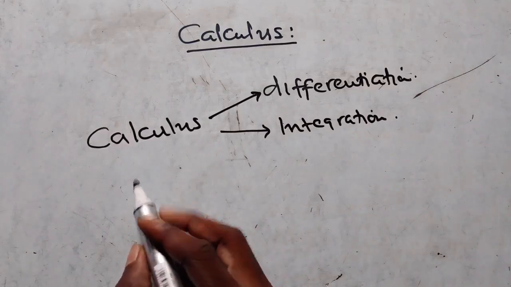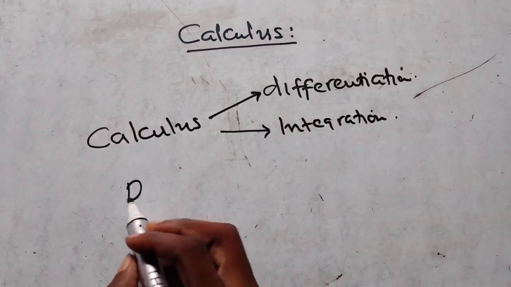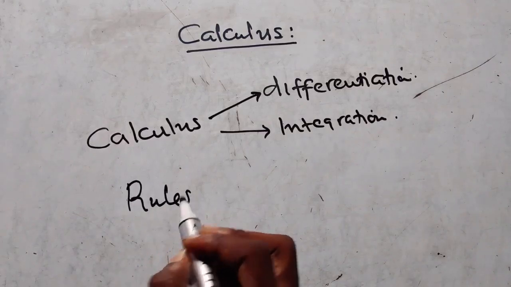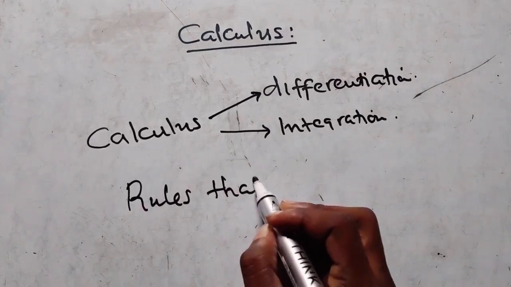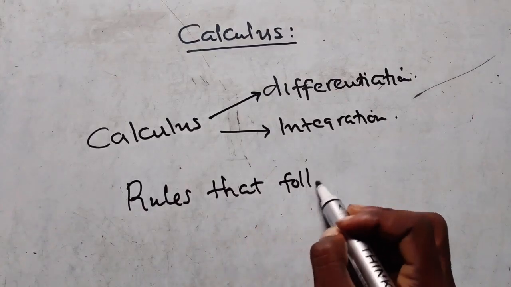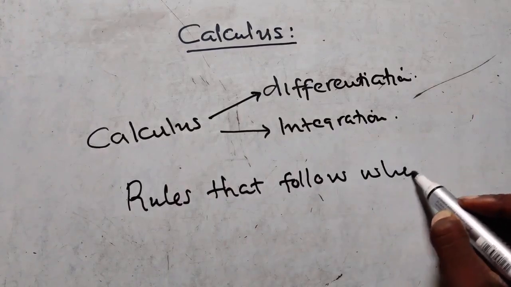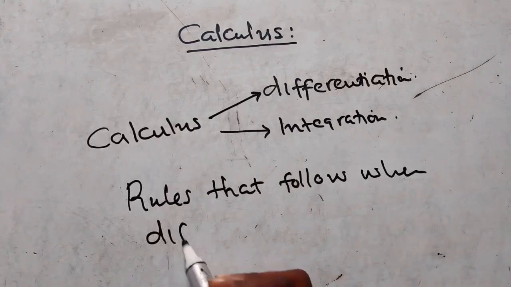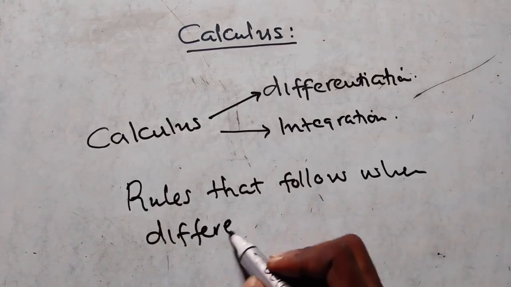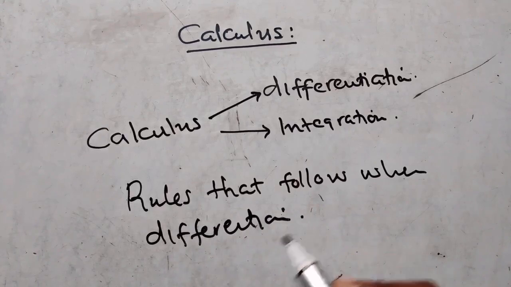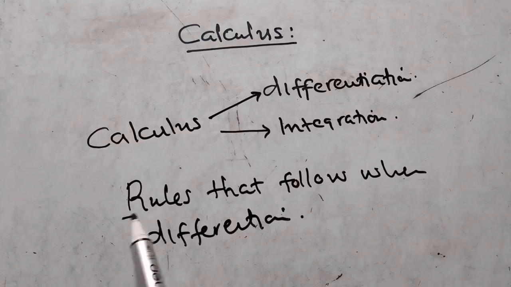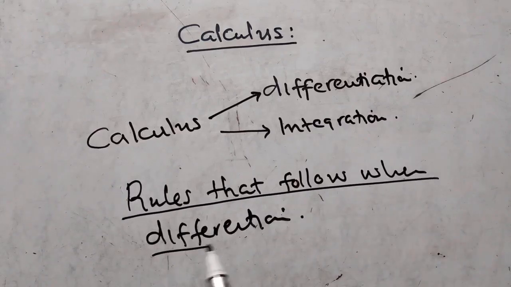Under differentiation, we also have the rules that we follow when differentiating. Once we follow these rules, guys, we are good to go, because we can solve any question which is under differentiation.